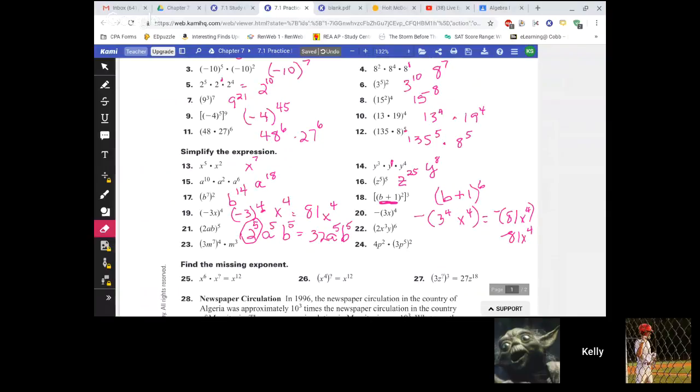This 5 on the outside of the parenthesis is a power. It's an exponent. And it's going to get applied to everything inside. And inside this parenthesis is really 2 times A times B, even though it doesn't have the multiplication in the middle. But when it's letters, they don't ever write the multiplication dot.